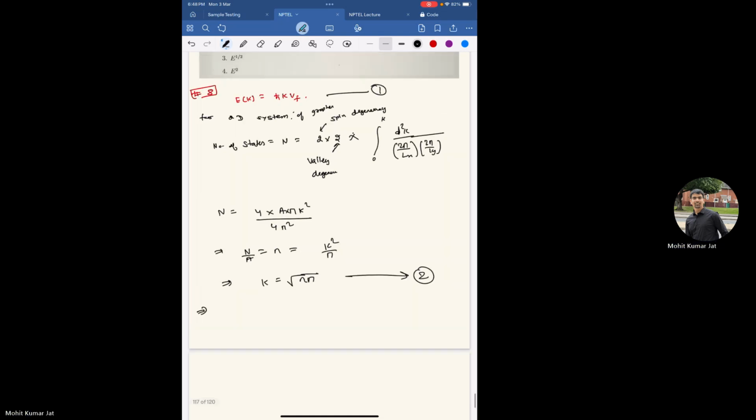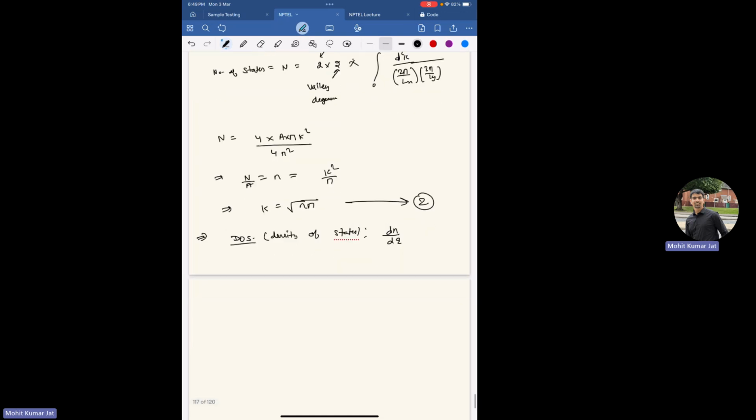So if I take the density of states, what is it? The number of states per unit energy, del N by del E. Right?